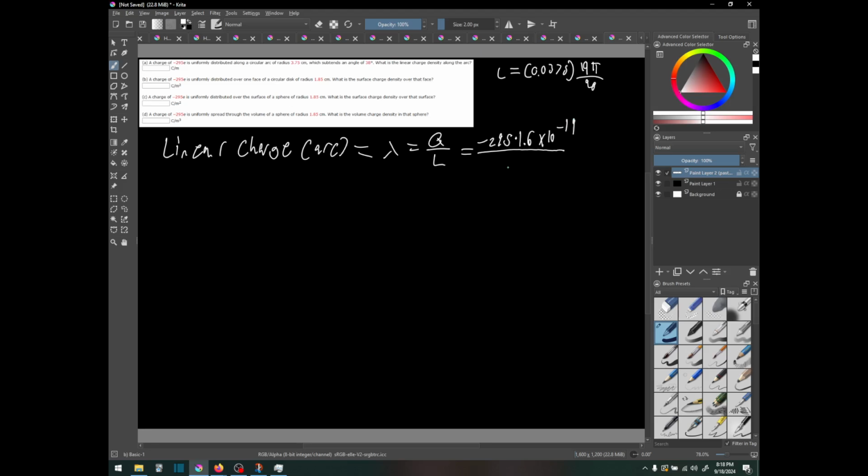And this whole thing is going to be over L, which we know is 0.0375 times 19 pi over 90, which equals negative 1.897 times 10 to the negative 15th.